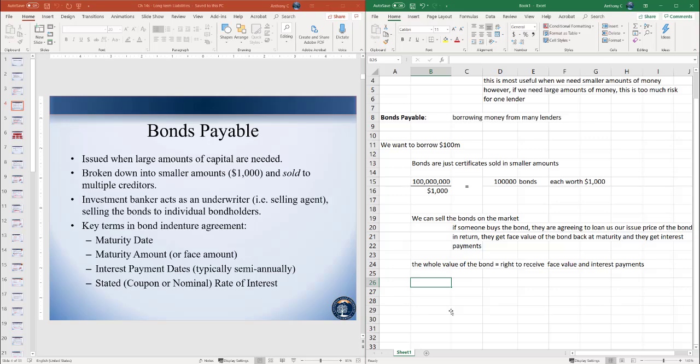Now, I have some technical terms thrown in there. Hopefully you're familiar with them from principles. In case you're not, let's just say we have a $1,000, 10%, 5-year bond. The $1,000 here refers to the face value. This is just the amount that will be paid back on the maturity date.